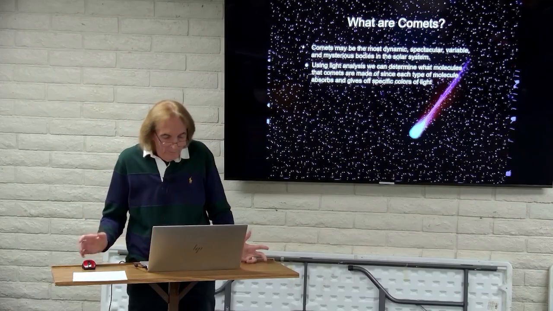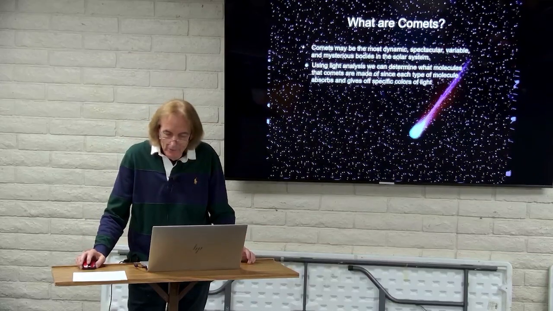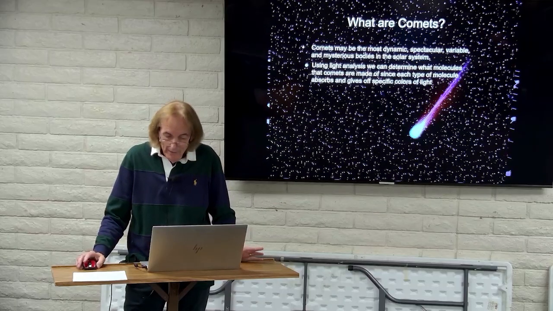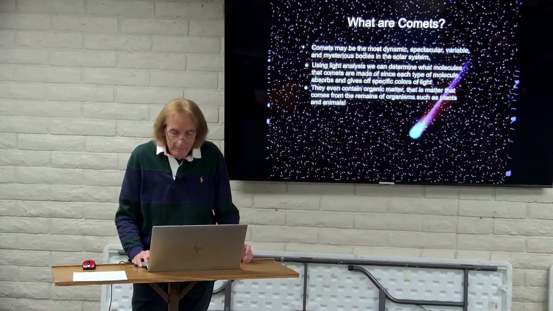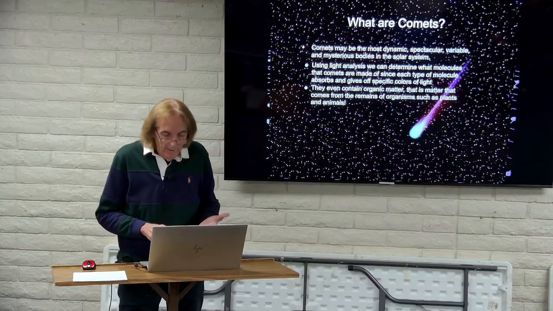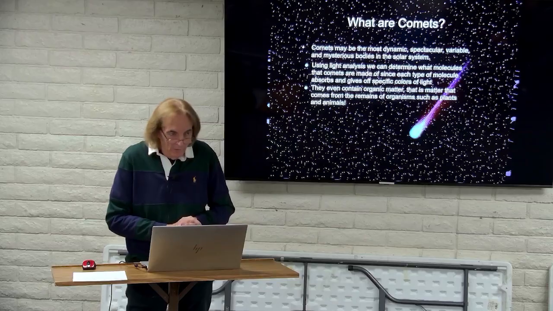So much remains unknown, but the light from a comet tail can be analyzed to identify some of the molecules that the comets are made up of, since each type of molecule absorbs and gives off specific colors of light. Using this method, they've been able to determine that they contain carbon, hydrogen, oxygen, and remarkably, organic materials we just discussed. This is how they figured out what was in these things.